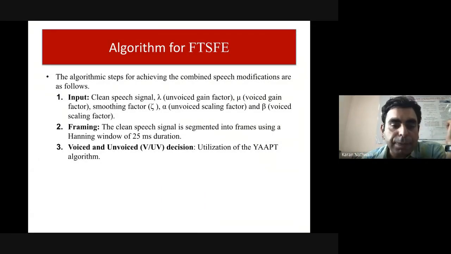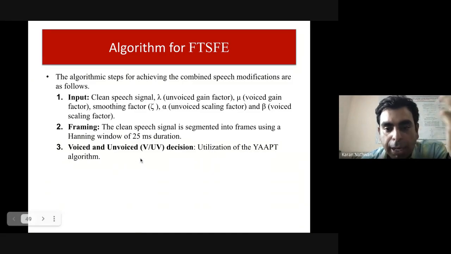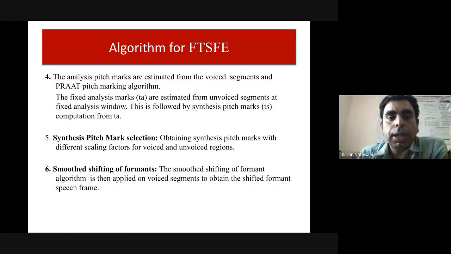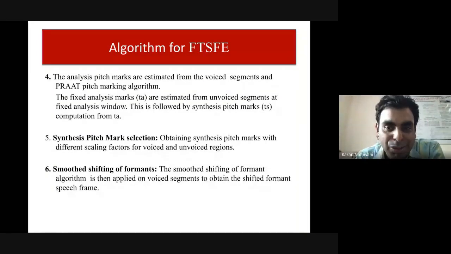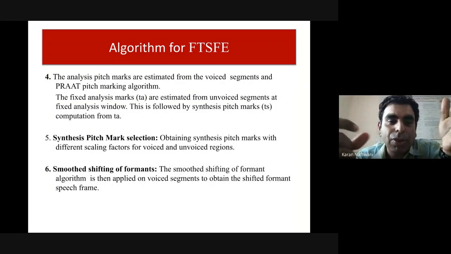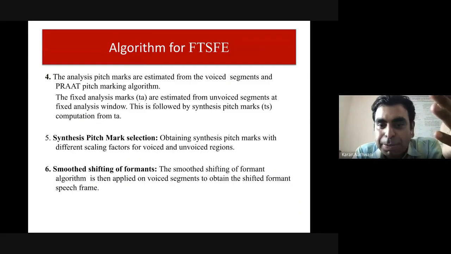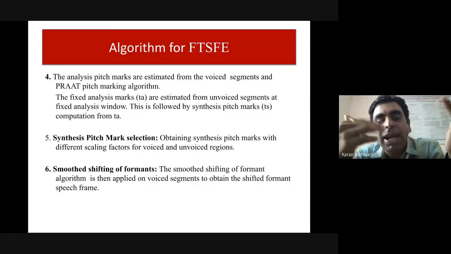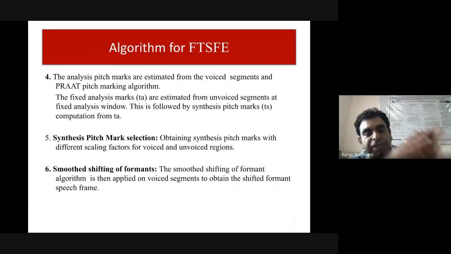Now, again, I do the framing. And again, I use YAAPT to make the voiced and unvoiced decision. This is actually the combination, so you don't have to worry about it. What you have already understood is combined together. So I again compute the analysis pitch marks for the voiced using Praat, and for unvoiced it is fixed.